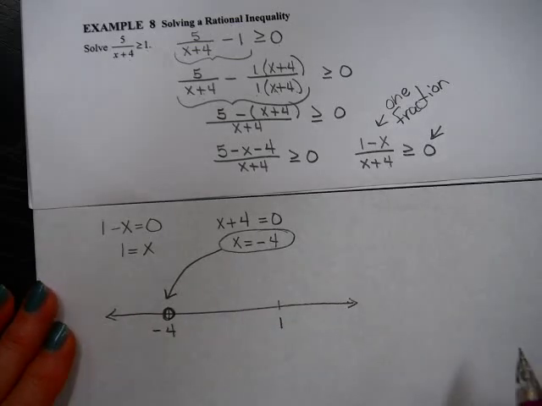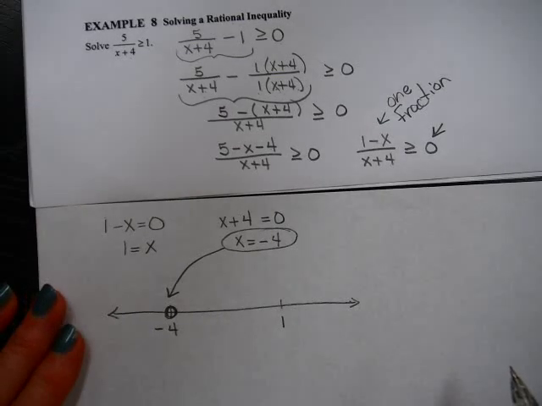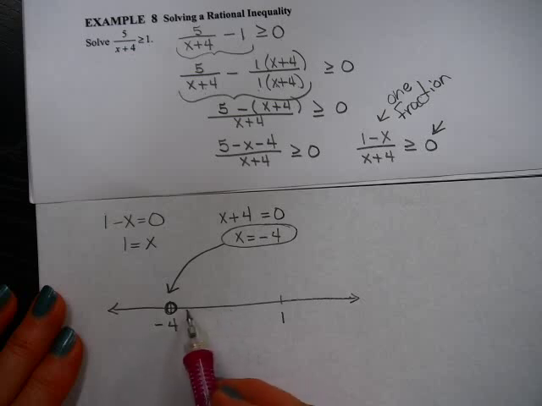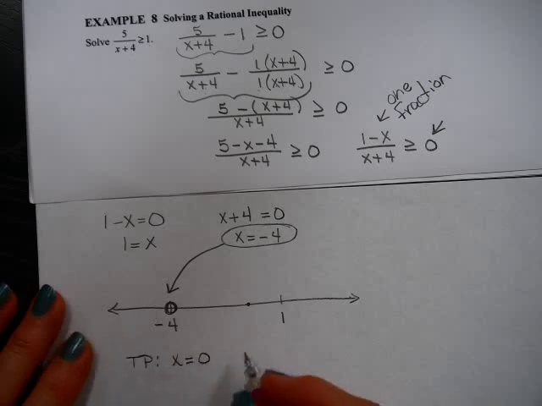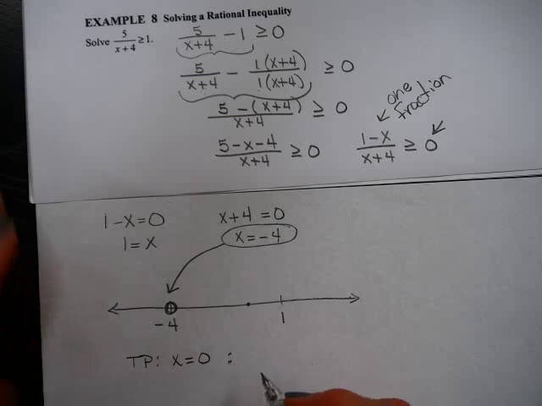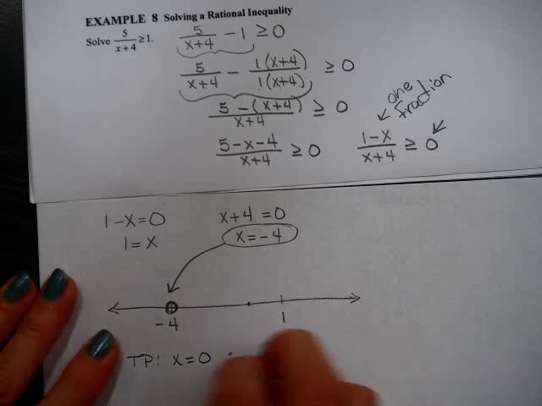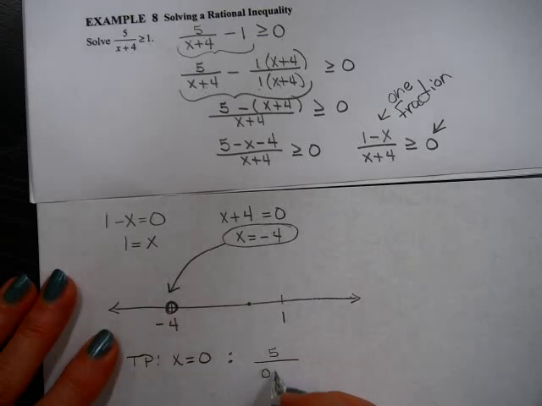Choosing my test point. Again, I like to choose 0, but I need to know where is 0. Well, 0 is between -4 and 1. It is in here. So my test point, I'm going to choose x equals 0. And I'm going back to my original problem. 5 over, well, x is 0 now. 0 plus 4 is bigger than or equal to 1.